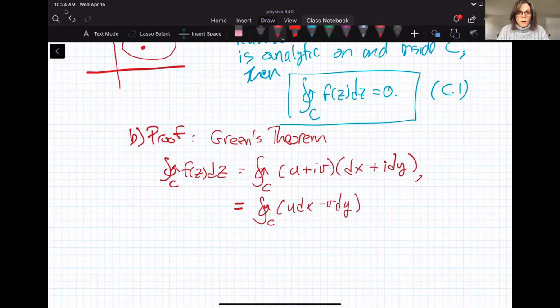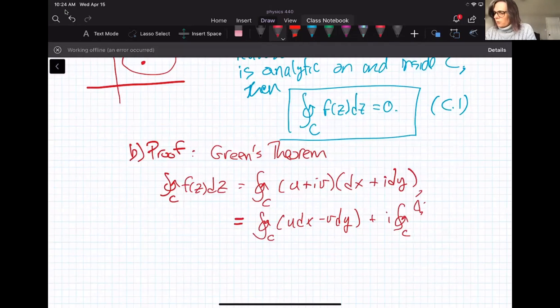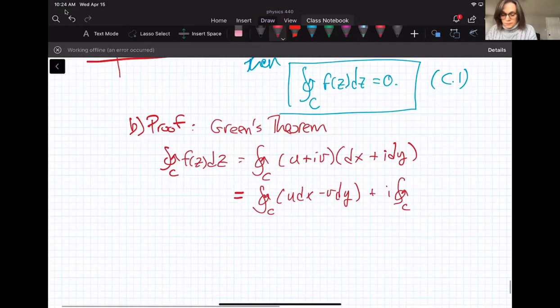You can see why maybe the Cauchy-Riemann conditions are important now, plus an imaginary term, i, times v dx plus u dy.